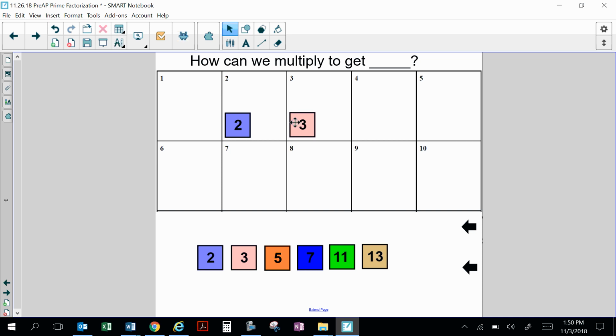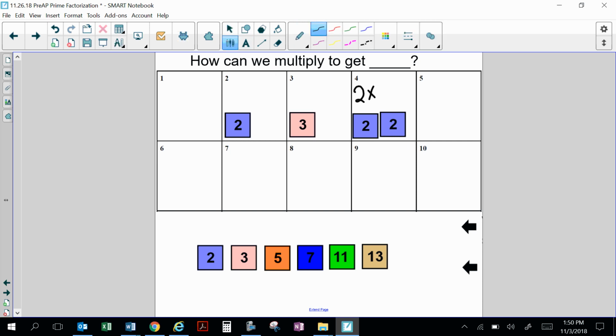To get 3, you multiply by 3. What do you multiply to get 4? I could say 4 times 1. But do you know a way to break down the 4 into another way? What about 2 times 2? So 2 times 2 makes 4. So we're going to write this down as 2 times 2.